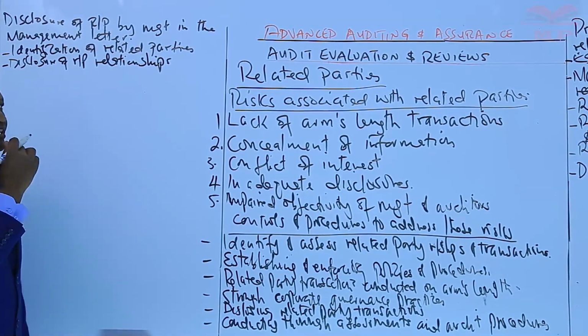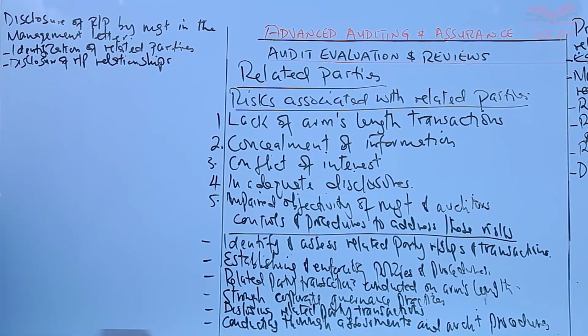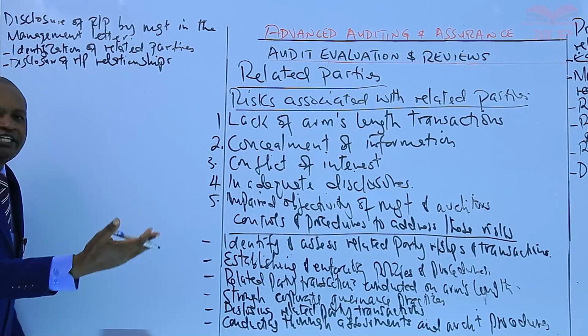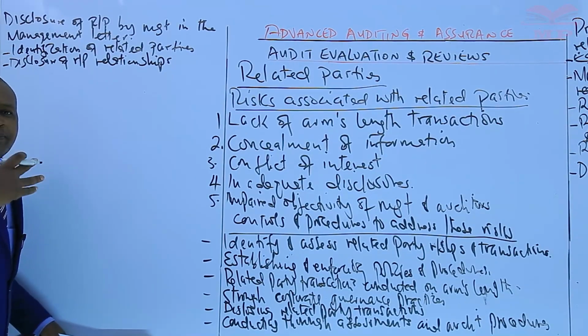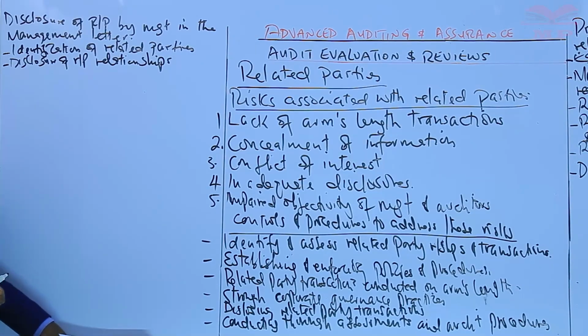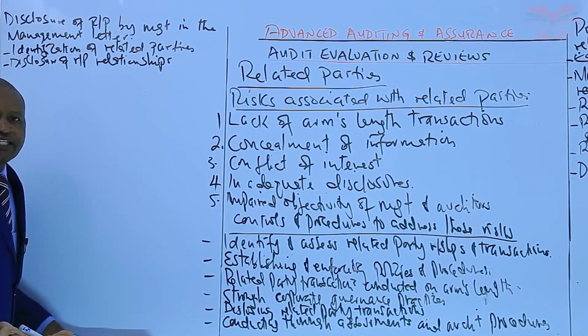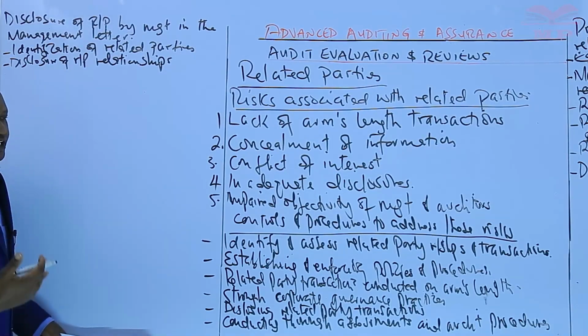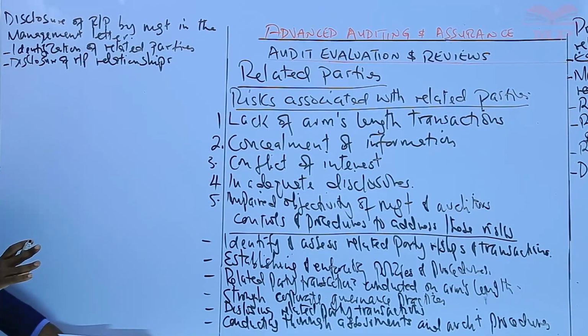Now here, the management represents that it has disclosed all material related party relationships in accordance with the applicable accounting standards, and that includes providing information about the nature of related party relationships, the names of the related parties, and any other significant transactions or arrangements with related parties.